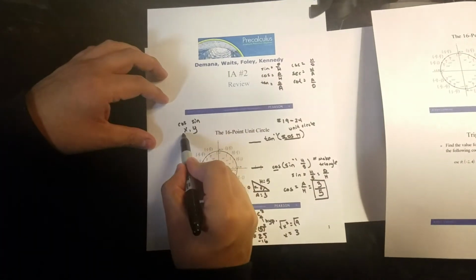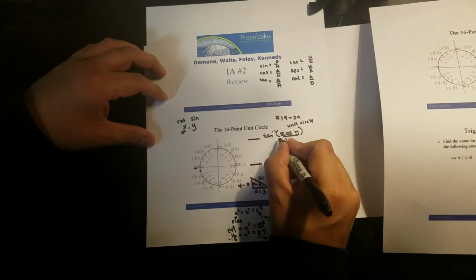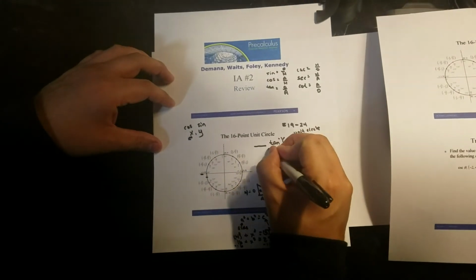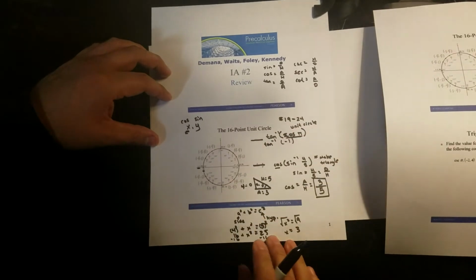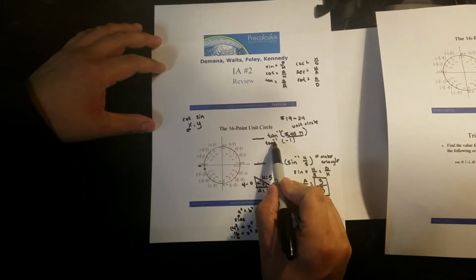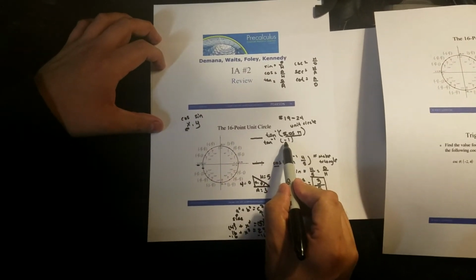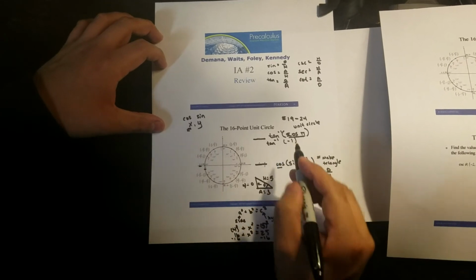So I want to know what's the x value at pi. Right here it's negative 1. And I want to do inverse tangent of negative 1. So remember here, guys, when I have the inverse on the outside, what I'm looking for now is the angle. Where is my angle equal to negative 1?